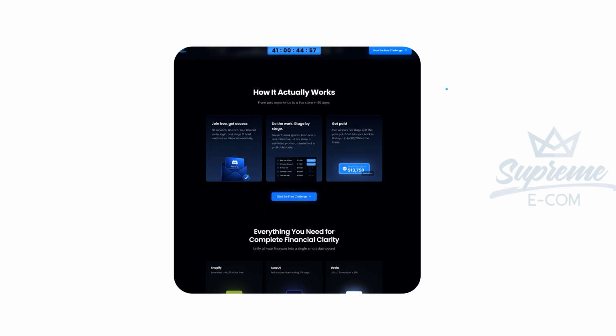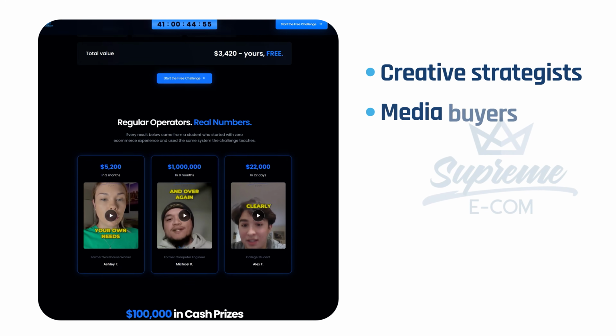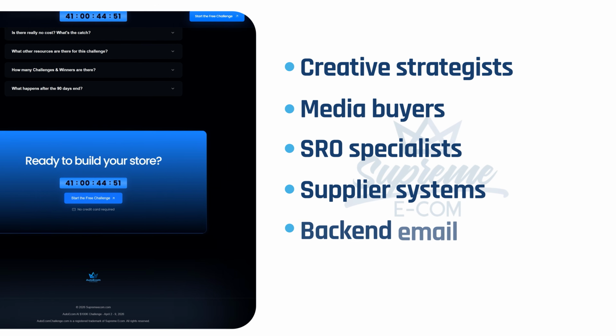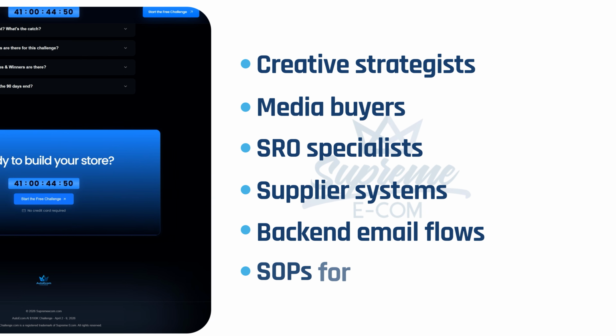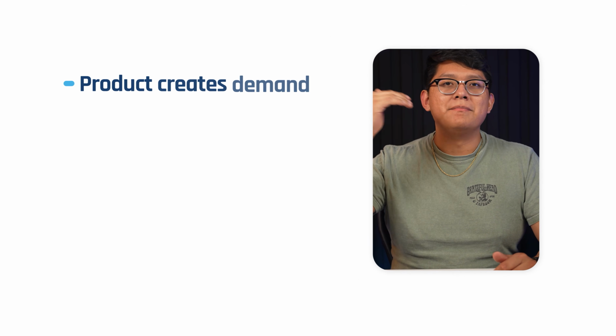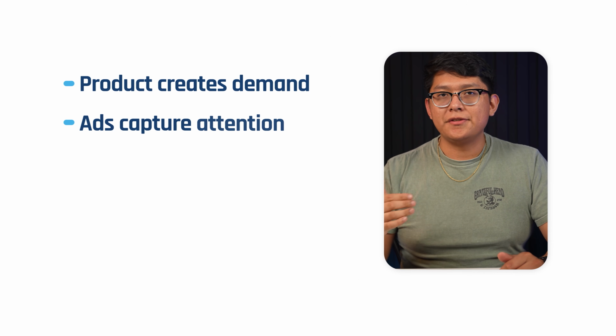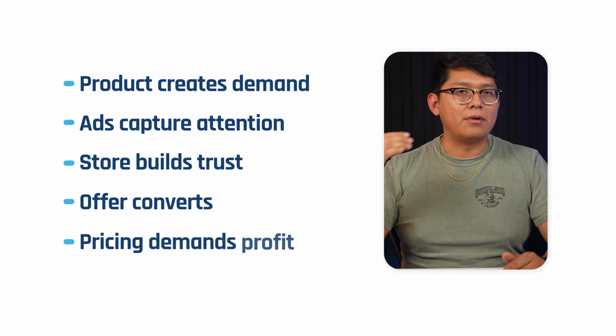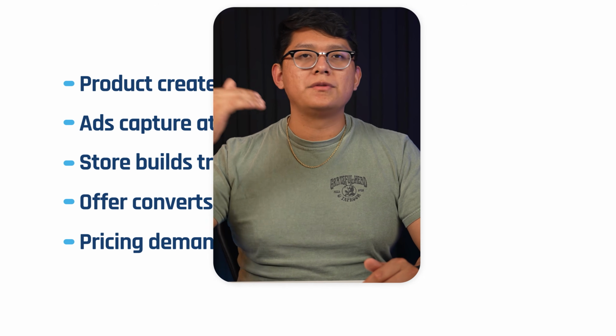At Supreme Ecom, we have creative strategists, media buyers, CRO specialists, supplier systems, back-end email flows, and SOPs for everything. Because e-commerce is a machine. Product creates demand, ads capture attention, store builds trust, offer converts, pricing demands profit. Every single one of those layers feeds into the next one. If you break down one of them, the whole chain snaps. And that's how you go from random wins to predictable scaling.